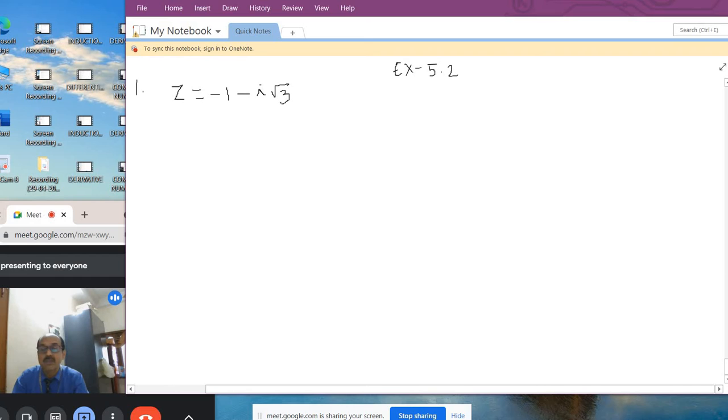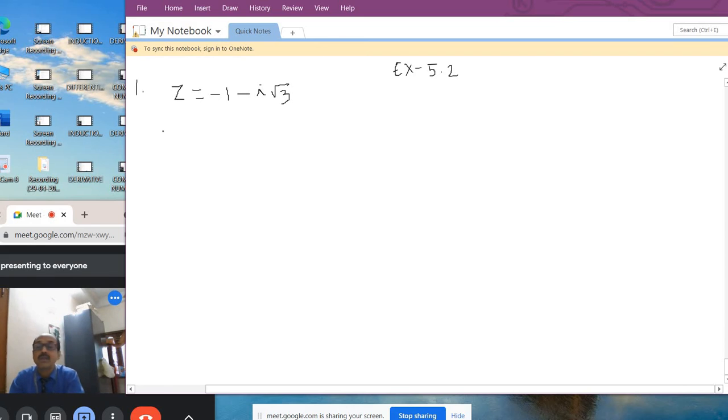Modulus means r, that is r equal to under root x square plus y square. And amplitude or argument means angle theta, which you also have to find. So use the polar form formula.